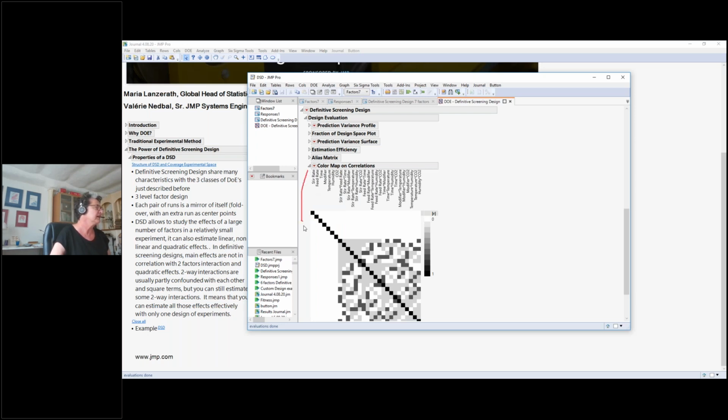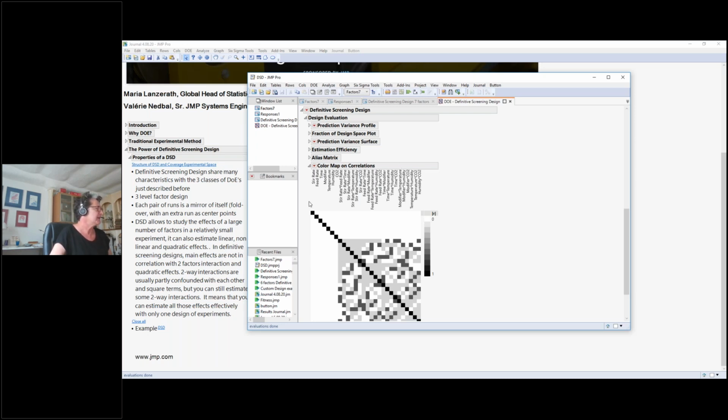And you can see here, if you read now this correlation matrix, you can see everything is white. And the white means that you have no correlation between all those different terms. But you can see that some of the higher terms might be correlated between each other, but you will still be able to estimate some of them.